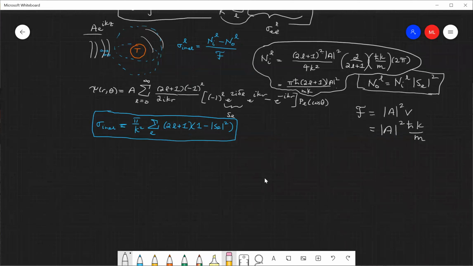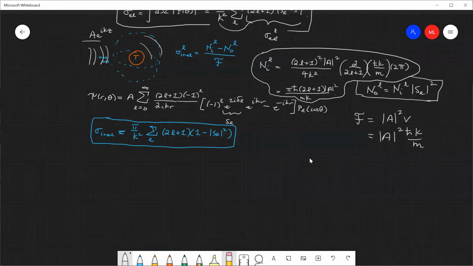The way you would get inelastic scattering, like by solving a Schrodinger equation, is you'd have to explicitly take into account how the target absorbs energy through some change of its state, something like that. If you do that, then your solution for the wave function would no longer have this form, and S_L wouldn't be just a phase like this.